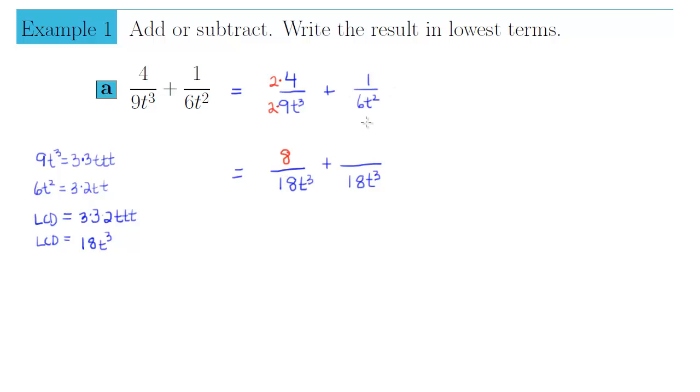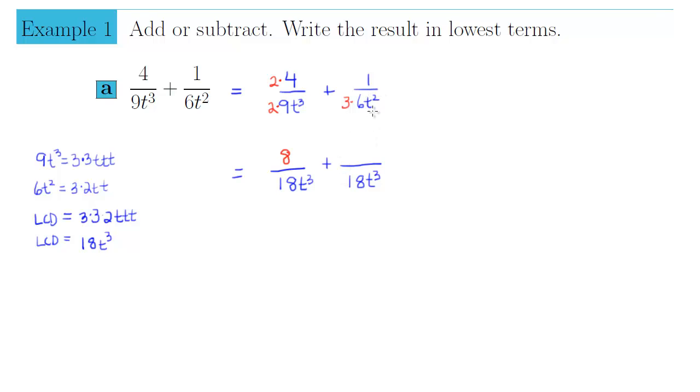Let's look at the second rational expression, 1 over 6t squared. What do we need to multiply 6t squared by to obtain the least common denominator of 18t cubed? Well, we need to multiply the 6 by a 3, because 6 times 3 gives us 18.